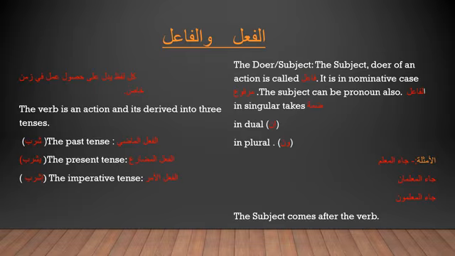In plural: ja'a al-mu'allimuna. Waw and noon will be there. So this fi'l, fa'il, maf'ul is very important. In the last 2 years in the public exam, this definition came to be written with a suitable example. So this is very important. And the subject comes after the verb also.